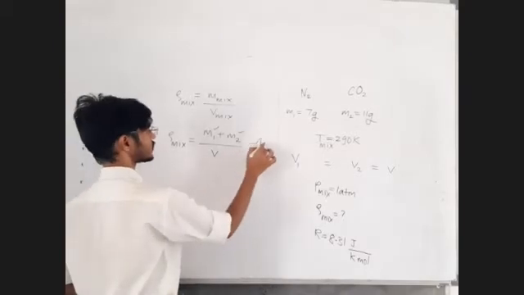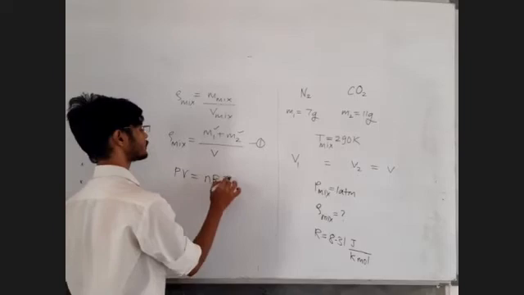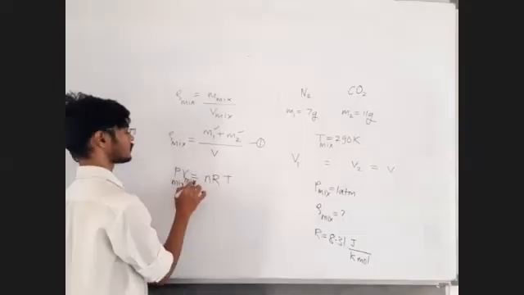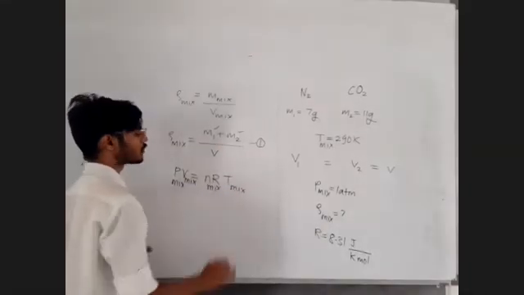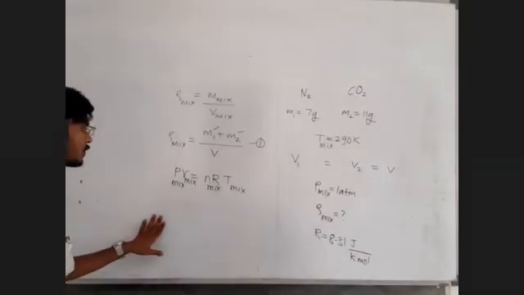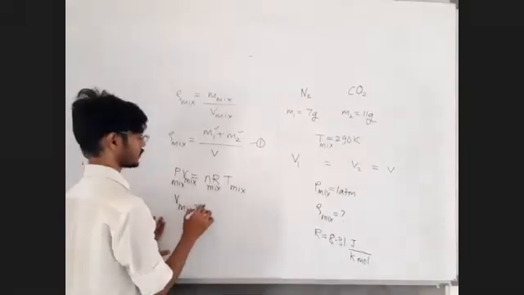So call this equation number 1. Write down PV is equal to nRT. Then write down this PV of the mixture. The same PV is equal to nRT we will apply for the mixture. Alright, sir. So what is the volume of the mixture? Very simple.